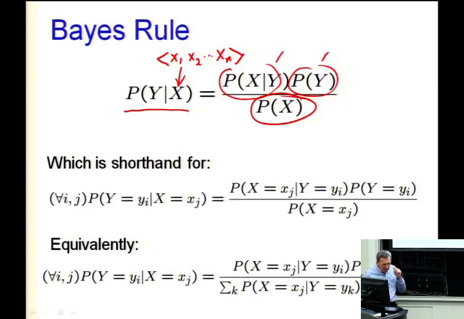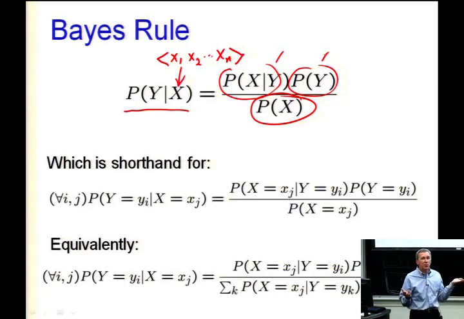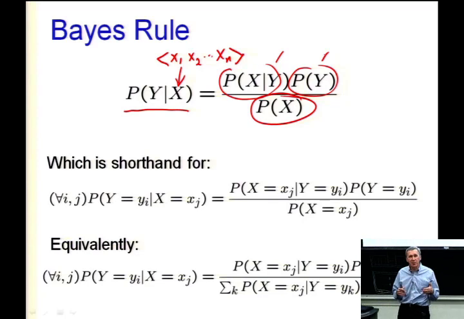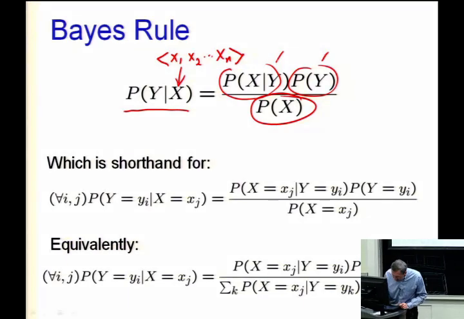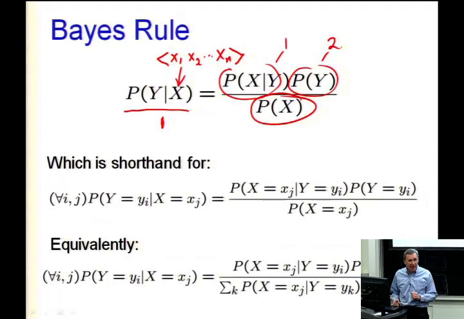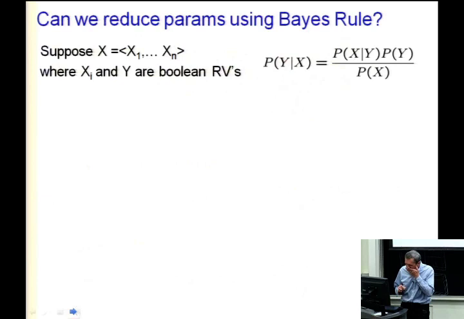Okay, so can we use Bayes' rule to reduce the number of parameters that we want to estimate? Well, let's ask, can we, instead of estimating this one, estimate these two? And how many parameters would be necessary in order to do that? Okay. So you tell me. Let's ask the question this way. How many parameters would it take to express that first one?